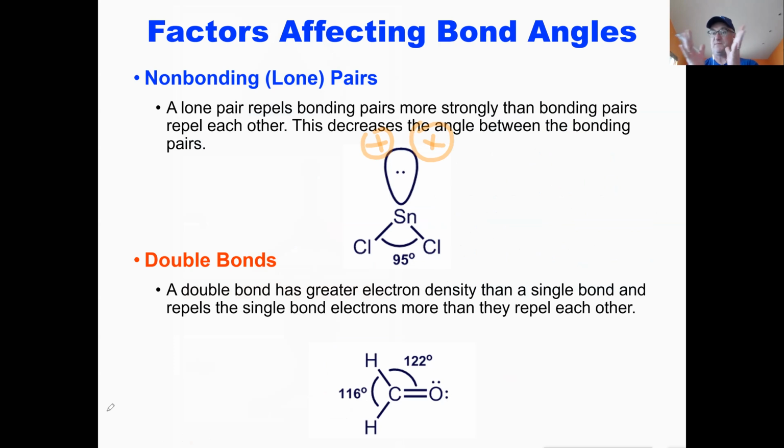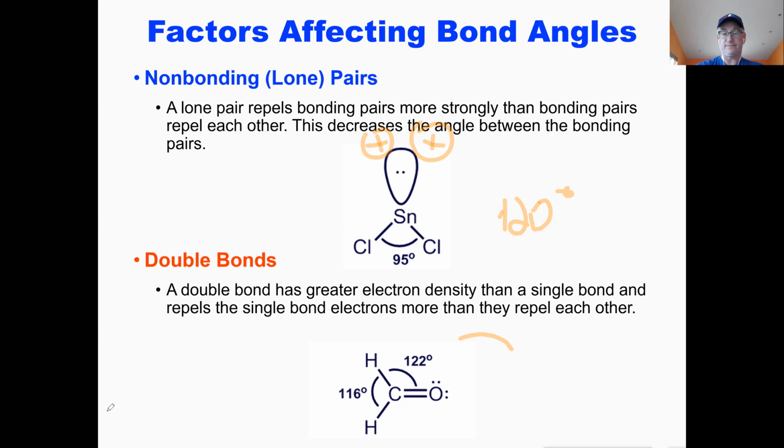So it basically brings down that repulsive charge a little bit. So this pushes things much closer together. And here you can see that with tin dichloride, this goes from 120 degrees we would expect, all the way down to 95. That's a big difference. So just having that lone pair there really pushes those two closer together.